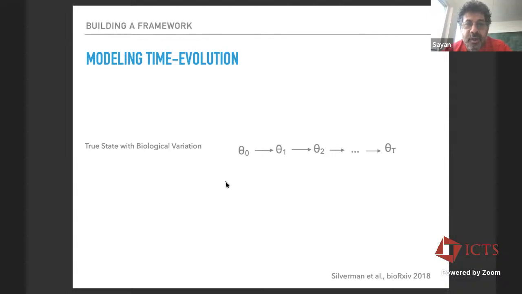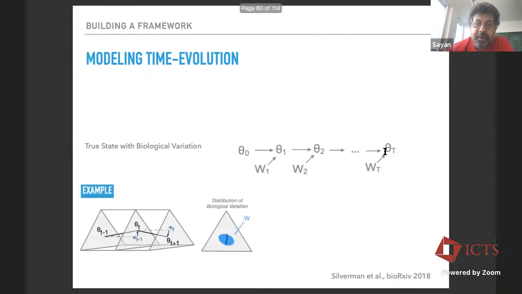Okay. So in terms of the model, you have the true state, which we don't know, right? And this is how you are seeing the biological variation. And then you're injecting these W's, right? These are your probiotics that you're injecting.